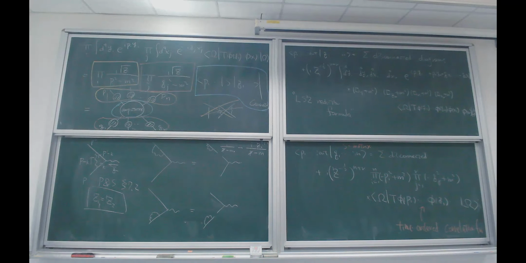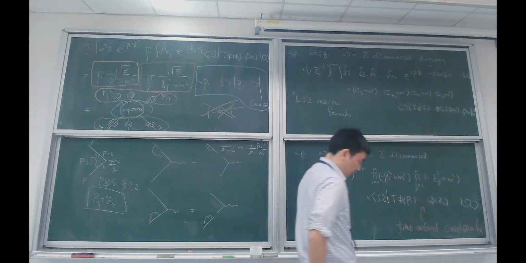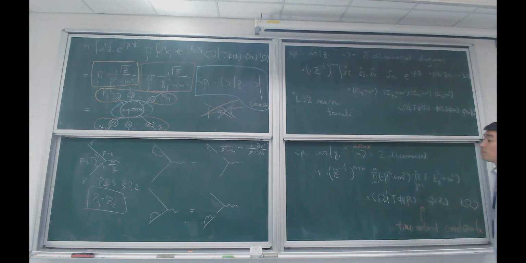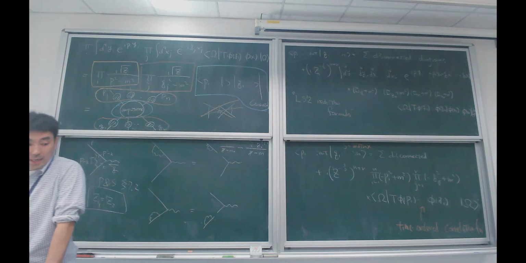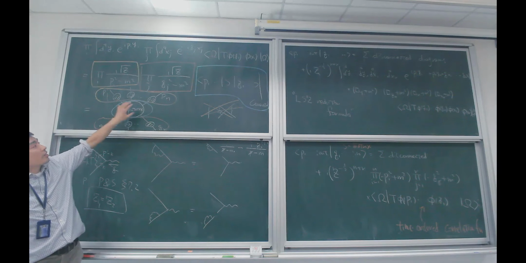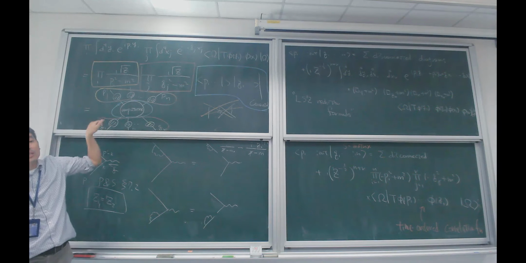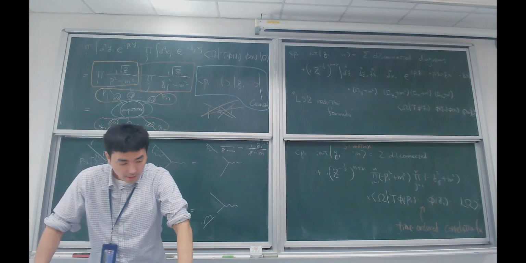Anyway, that's another way to see it by using the LSZ reduction formula. Okay, so that's the meaning of the LSZ. The quantum correction really depends on the connected diagram plus the propagator. That's what the LSZ tells us.